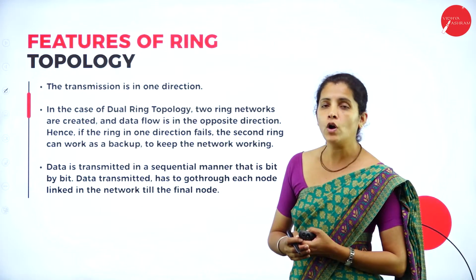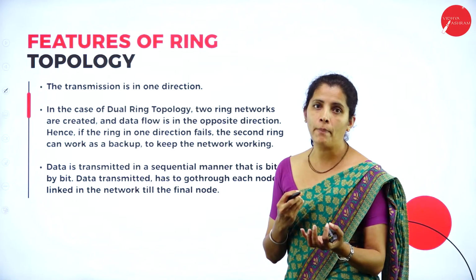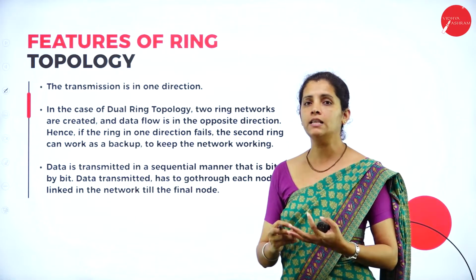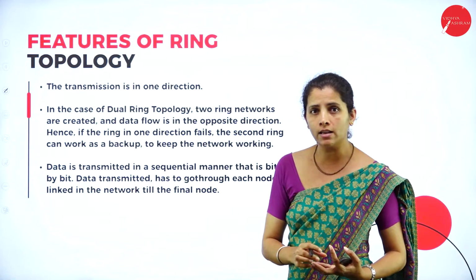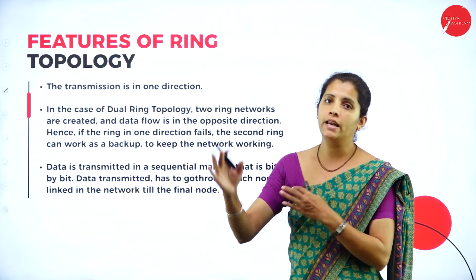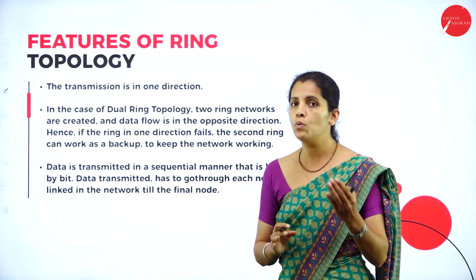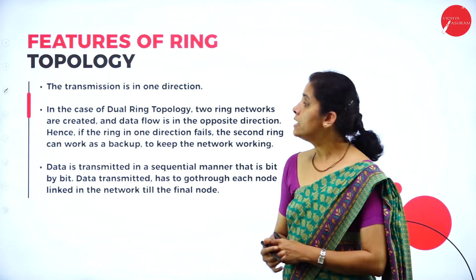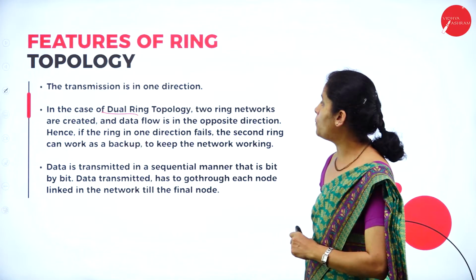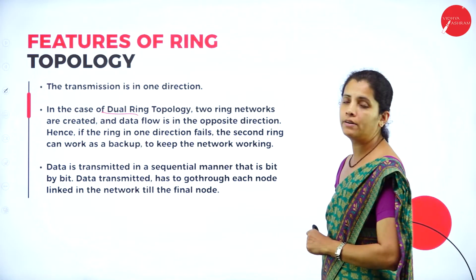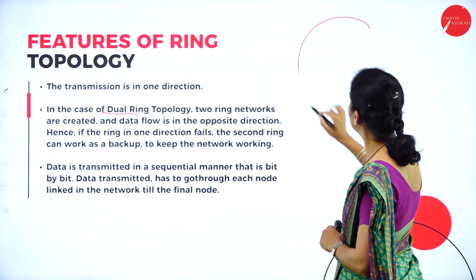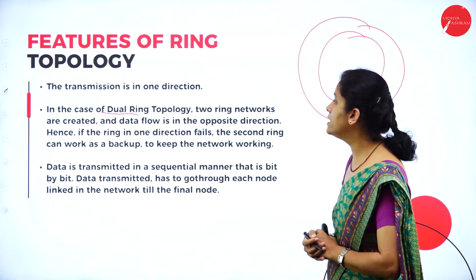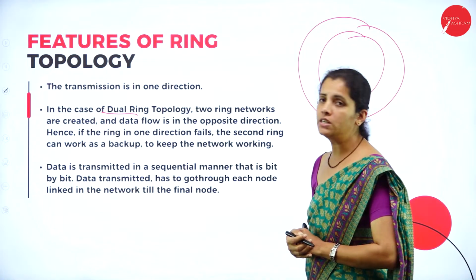If I want to send and receive the data parallelly, then I must have two connections. In the sense, I must have a dual ring, so that in one ring I can send the data, and in another ring I can receive the data. So here, in dual ring topology, a two-ring network is created, and data flows in the opposite direction.